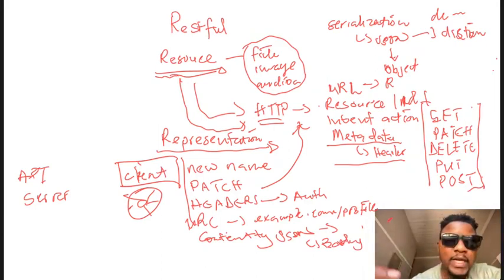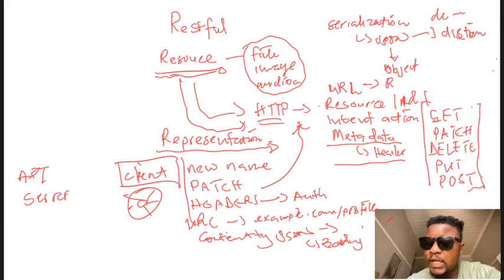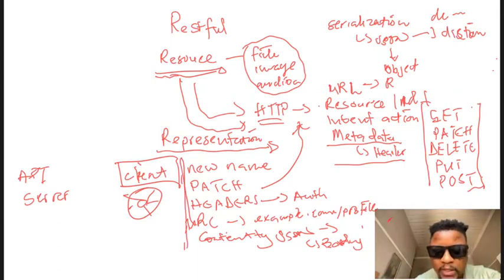Those are converted into binary, and after binary, they're transferred over the network as network packets. After they reach their destination, all this information is converted back into the representation.